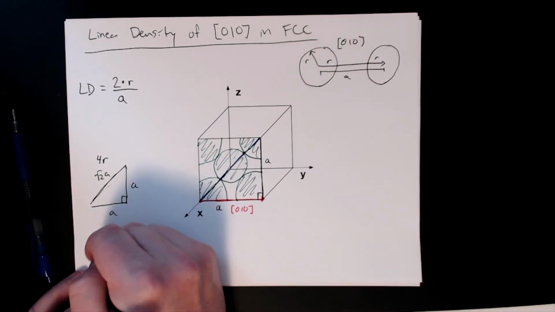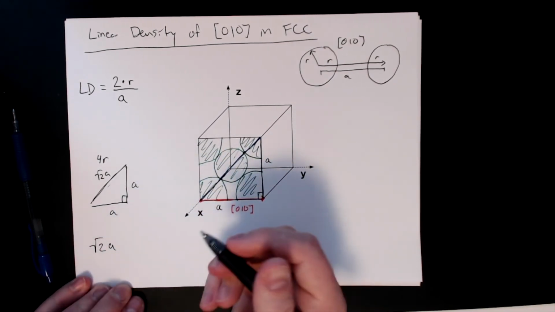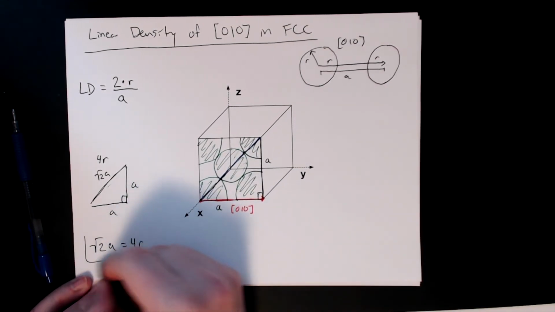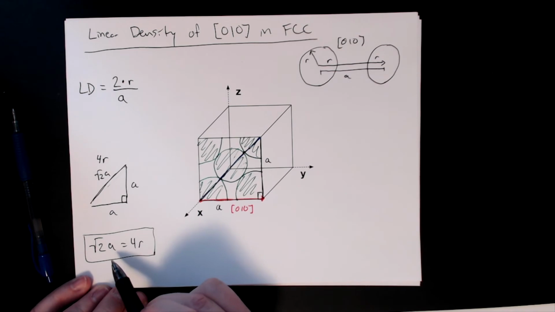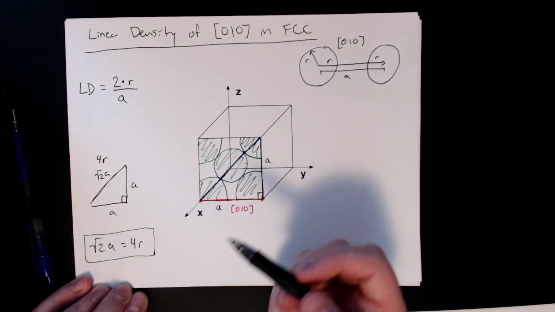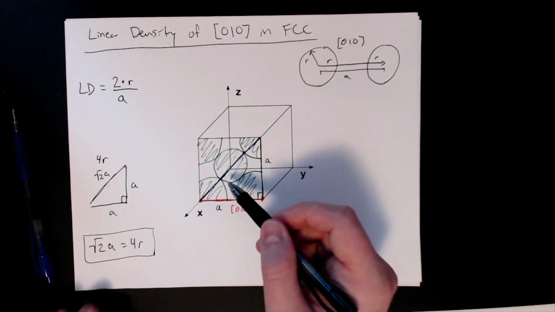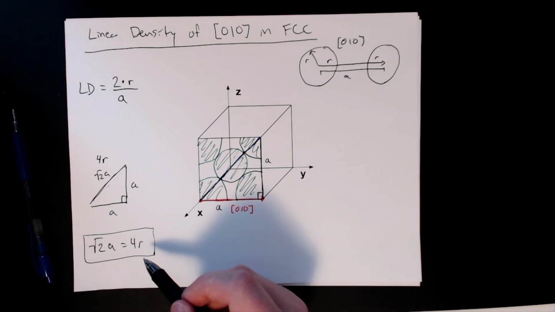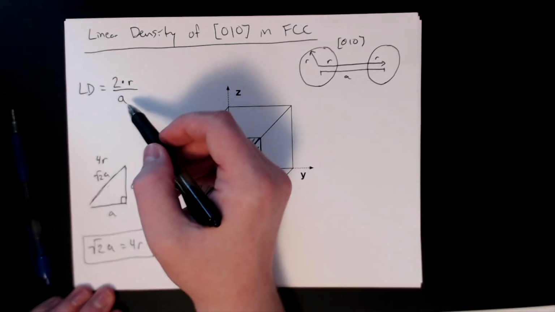So we can say with confidence that square root of 2 a is equal to 4r. And if you look in your book and you look at the relationship between a and r, this is what you'll find, and that's how they do it. So any system, you're going to look for the close contact, and then you're going to relate a and r like we did here. So that's what we're going to basically plug in to the equation up here.